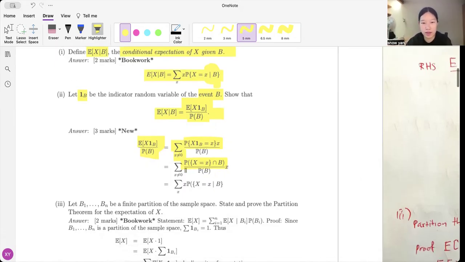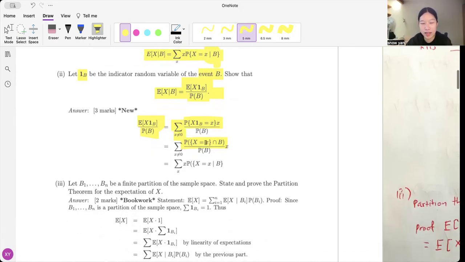And then this is just P of X = x and B over P of B. That's just the definition of P of X = x given B, right? That's the definition of conditional probability. So then we just have the sigma of the x of this. So then this is by definition E of X given B, right? Pretty straightforward.